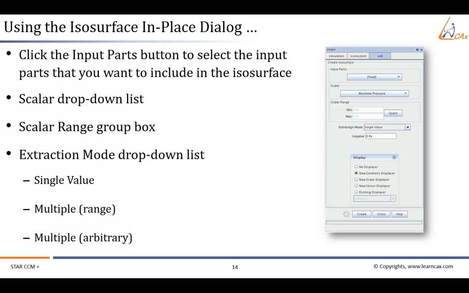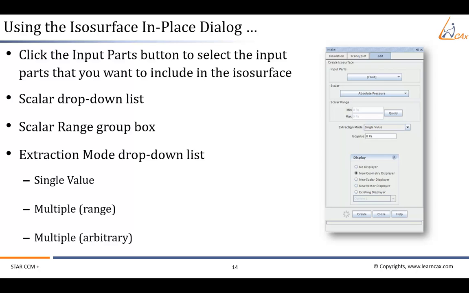Third is multiple ranges option. This will extract selected scalar data from multiple isosurfaces that are spaced evenly within a specified range. We have the following text boxes available for entering values. Number of isosurfaces entry. This sets the number of equally spaced isosurfaces.